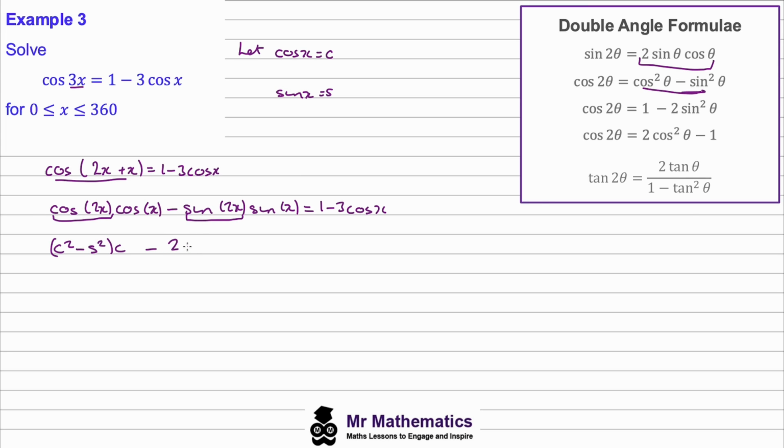So 2 sine x cos x multiplied by this sine x, and that will equal 1 minus 3 cos x. Now we'll expand out the brackets. So we've got cos cubed minus cos sine squared minus 2 sine squared cos, and we'll move this negative 3c to the left-hand side.